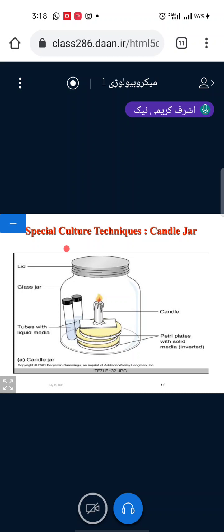Special culture techniques, for example the candle jar. This is a candle jar. Sometimes you put culture plates and tubes in a candle jar, put in a candle, and close the lid.